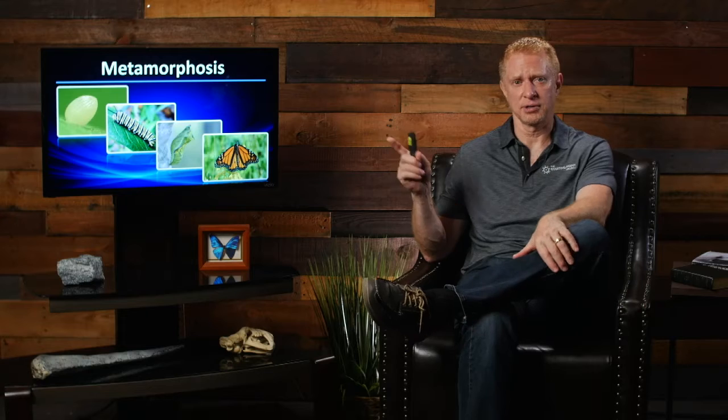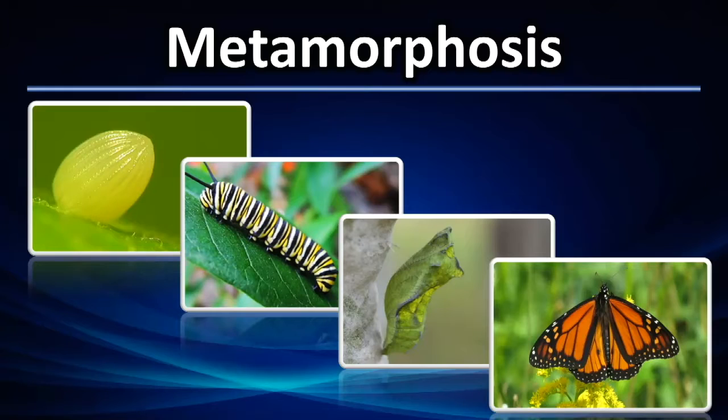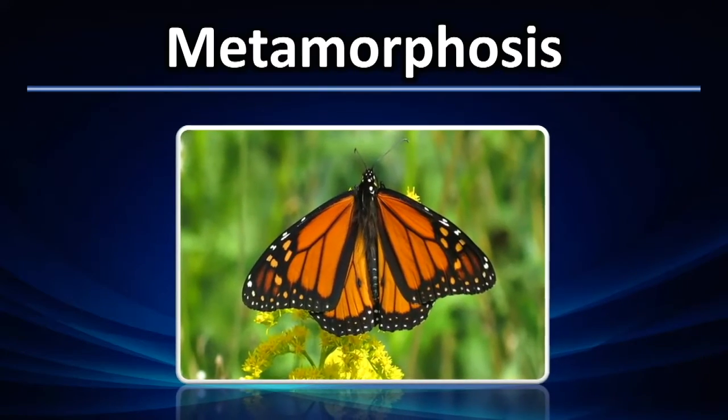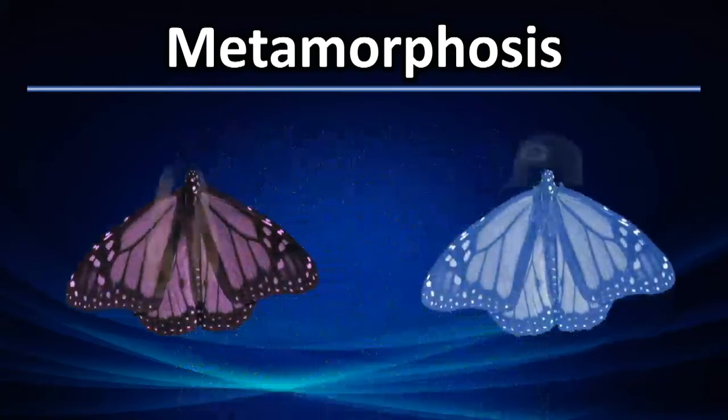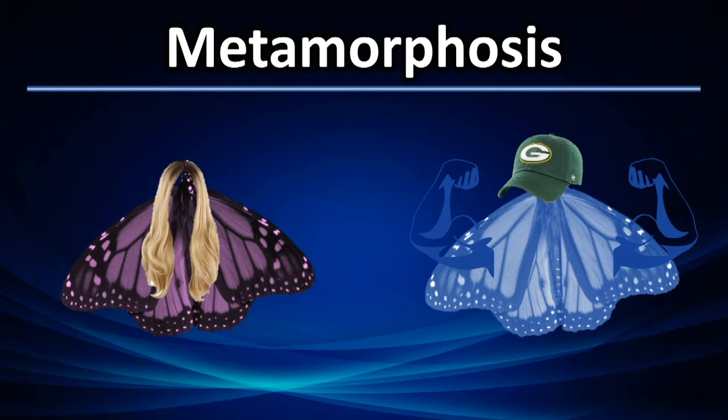Now, last month we talked about metamorphosis, the absolutely miraculous process of taking something like a caterpillar and turning it all the way into a butterfly. And one of the points that I made in discussing that was this: you can't just have a caterpillar evolve into one butterfly. You need a pink and a blue one. You need a male and a female to be able to mate to produce more butterflies.